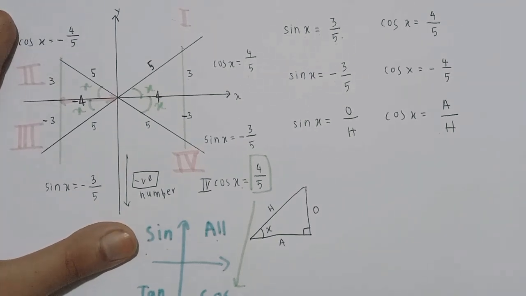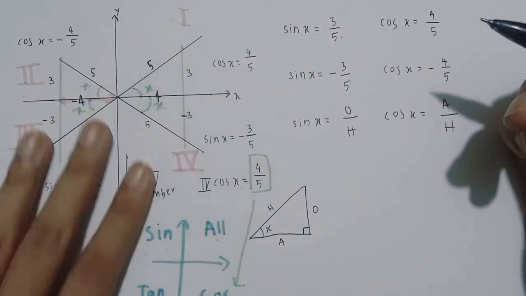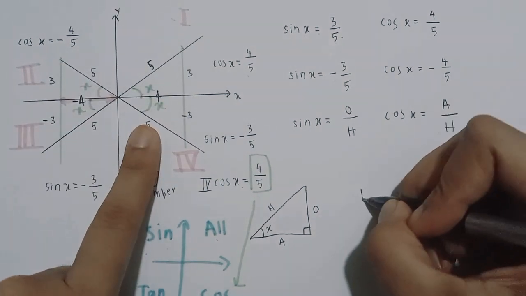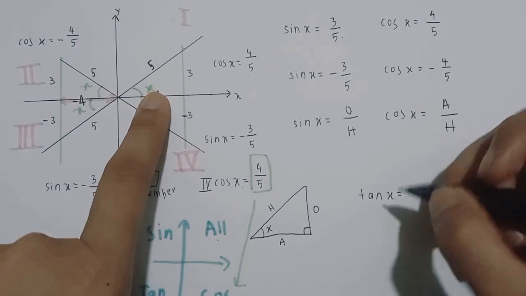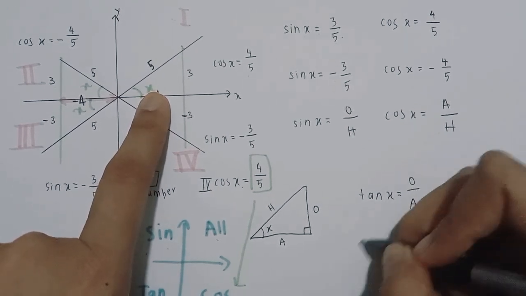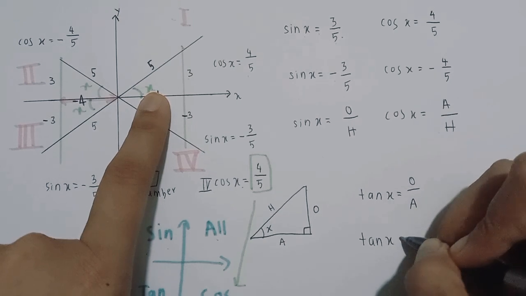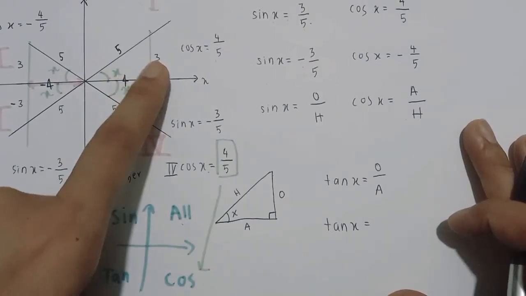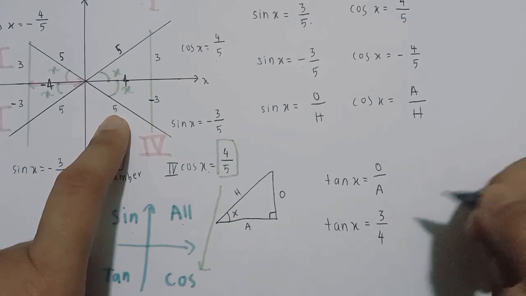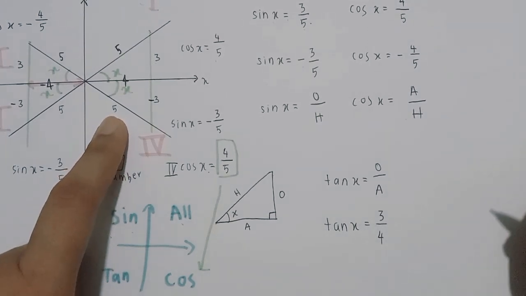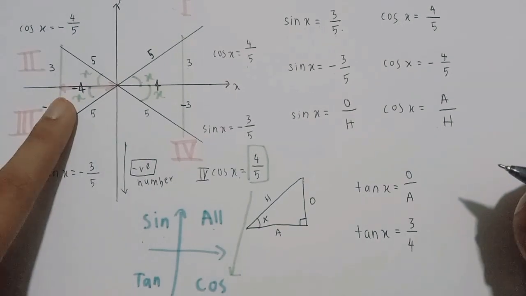Okay, let's just try tangent. Since all the numbers are there, we look at the first quadrant. Tan x will be TOA, opposite over adjacent, right? So tan x in the first quadrant will be opposite over adjacent. It is a positive number, right? We look at the second quadrant.